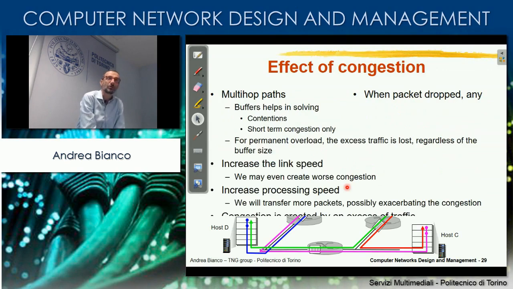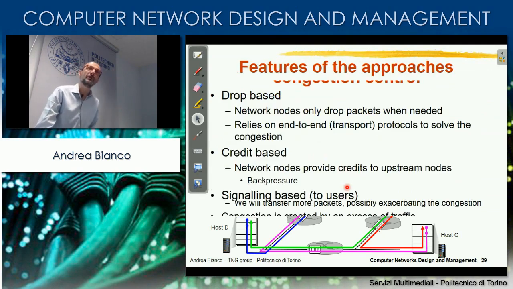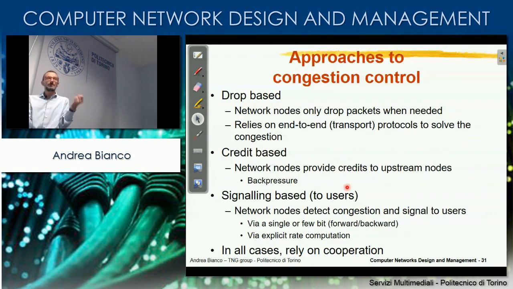One of those options is called back pressure. Back pressure is something slightly different. You don't give credits periodically, so you are free to send unless you get a back pressure signal. It's a stop signal, for example. There are, again, many ways of doing back pressure. So you don't transmit only when you have a credit. You are free to send unless the downstream node stops you, unless the other node tells you stop or reduce, or now you can send only 3 packets more or something like that.